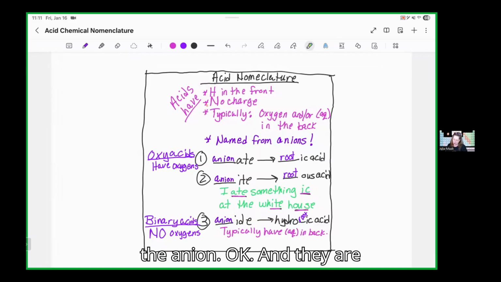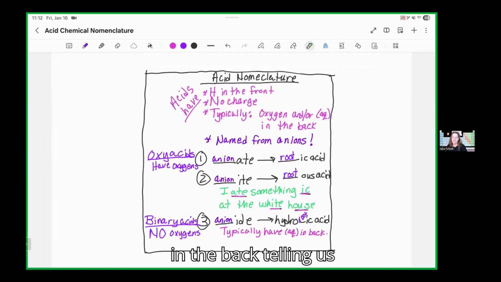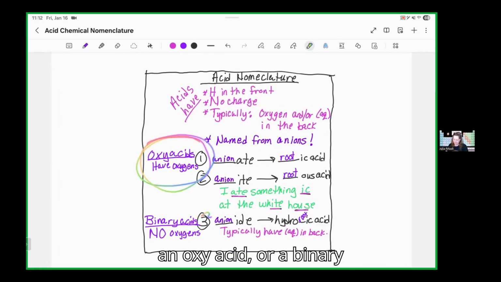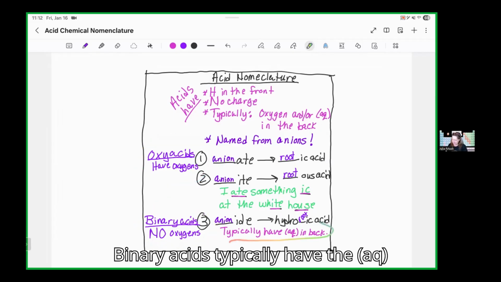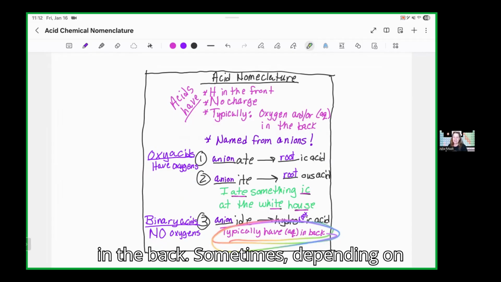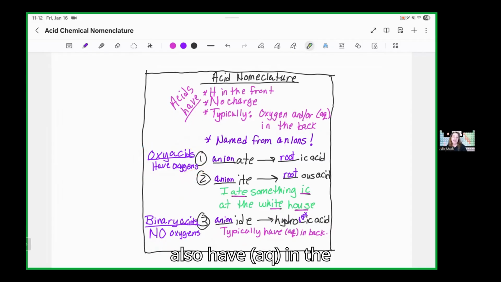And they have oxygens and/or AQ in the back, telling us that it's an acid with oxygens, an oxyacid, or a binary acid that does not have oxygens. Binary acids typically have the AQ in the back. Sometimes, depending on your instructor, your oxyacids will also have AQ in the back.